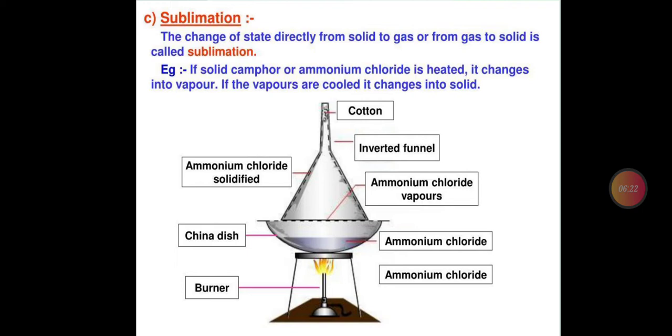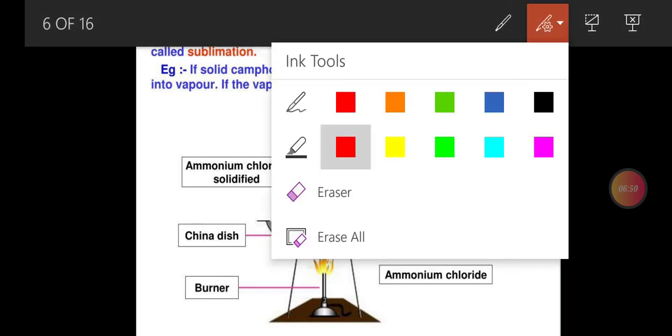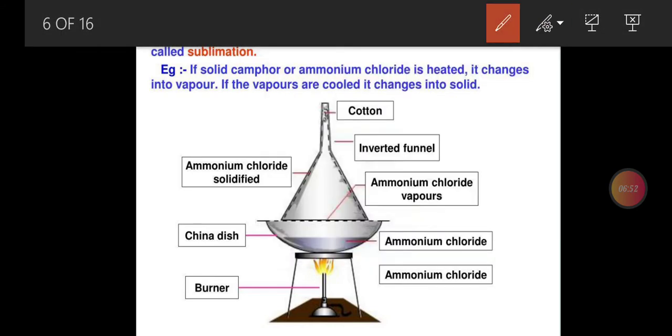For example, camphor or ammonium chloride: there are a few chemicals which sublimate. They directly convert from solid to gas. They do not exist in liquid state. So ammonium chloride, when placed in a china dish and heated, changes directly into vapors, and these vapors are cooled and collected at the inner side of this funnel. Let me show you with the help of this diagram. This is ammonium chloride heated over here.